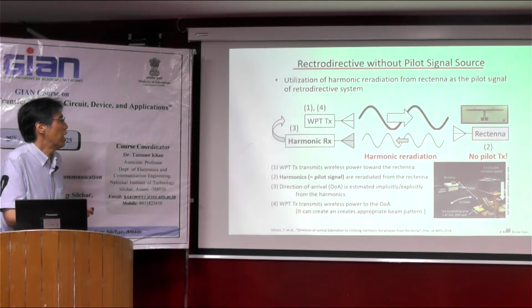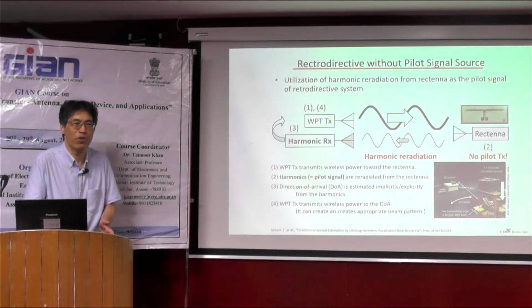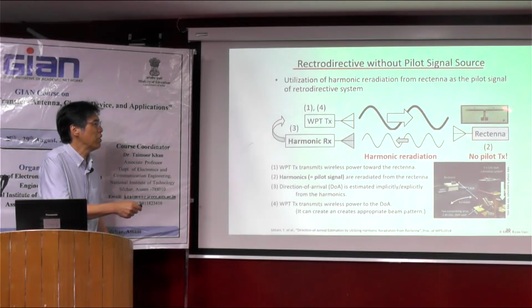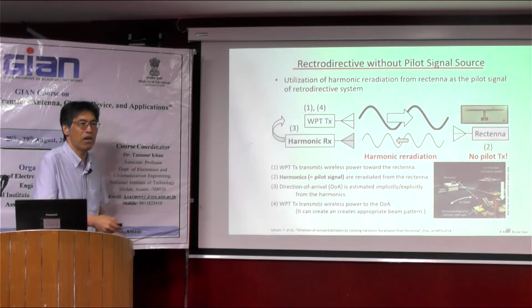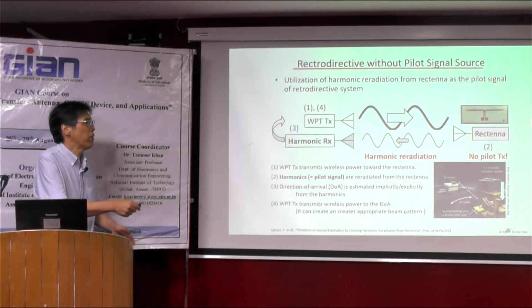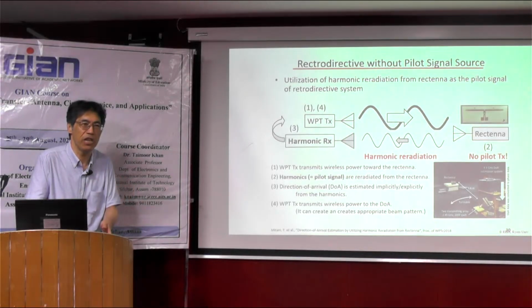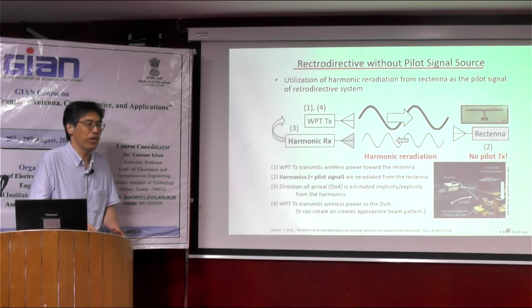So at first, we transmit the microwave power everywhere, for example. When a user with a rectenna receives this microwave power, of course this rectenna can create electricity, but simultaneously some harmonics occur and are re-radiated.